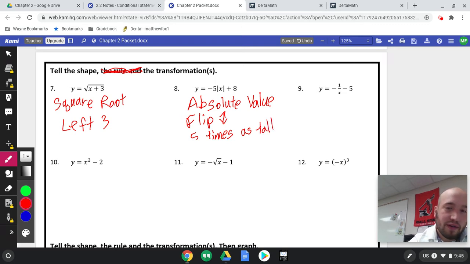And then finally, it's going to go up 8. All right, this last one on this row is the reciprocal function. It's going to flip up and down. Oh man, that was terrible.